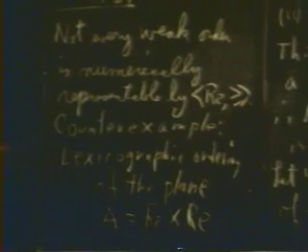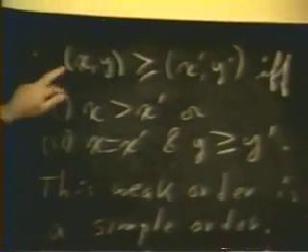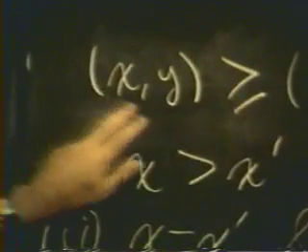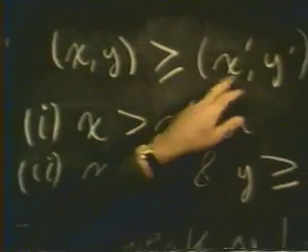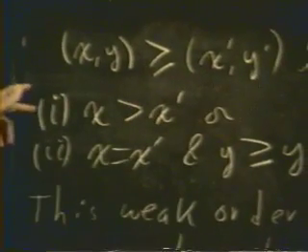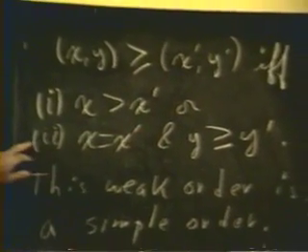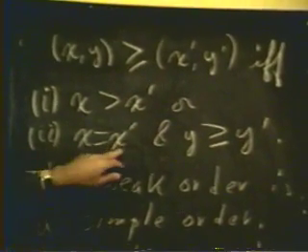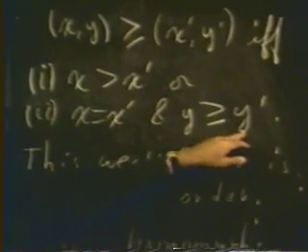It's called lexicographical, of course, because we can generalize it beyond the plane to n dimensions. So the point (x, y) is judged to be at least as great in this lexicographical ordering as (x', y') if and only if the first condition, x is strictly greater than x', or when that doesn't hold, x is identical to x' and y is equal to or greater than y'.